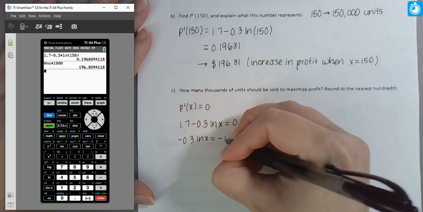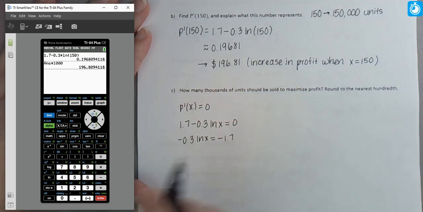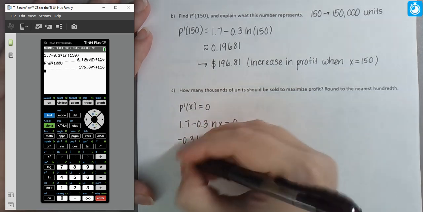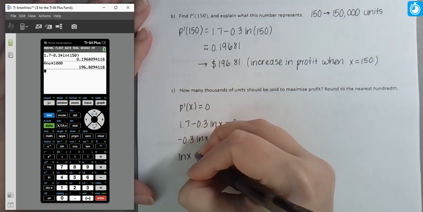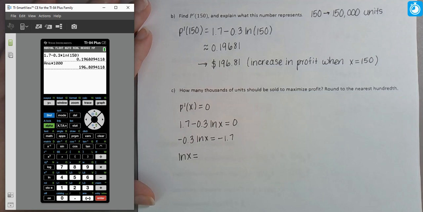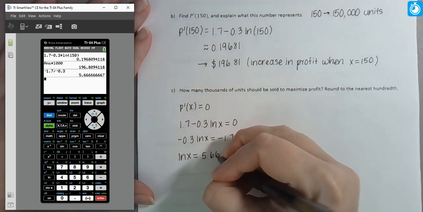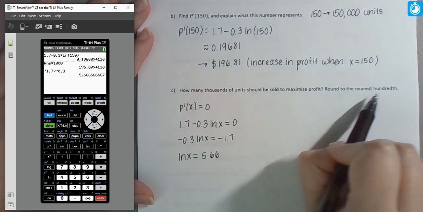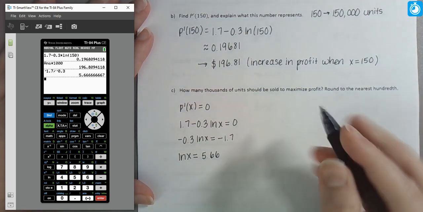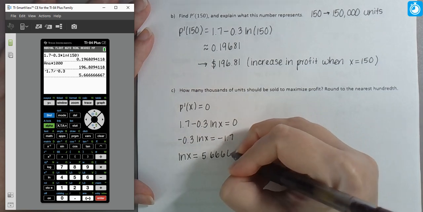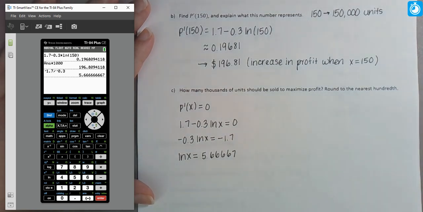And that's going to be equal to negative 1.7. And so if we divide out our coefficient, we get natural log of x is equal to negative 1.7 divided by negative 0.3, and we get a long number. So just do your best, just approximate. Keep as many decimal places as you can. If we're going to round to the nearest hundredth, 2 places at the end, typically keep maybe 4 or 5 while you're working. And so there we go.